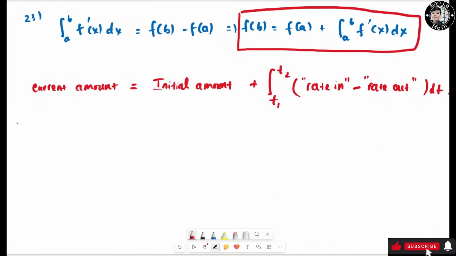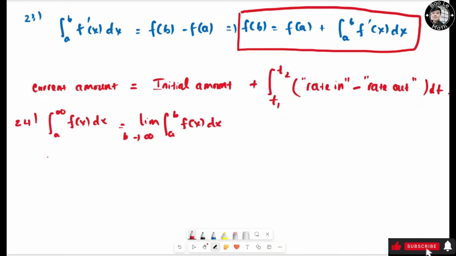Now number 24, we have the improper integrals. The integral from a to infinity of f of s ds equals the limit of the integral from a to b of f of s ds when b approaches infinity.